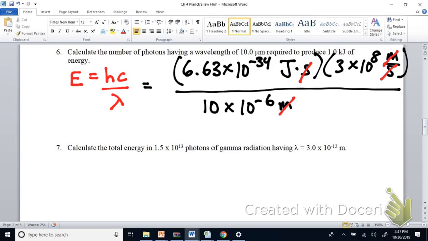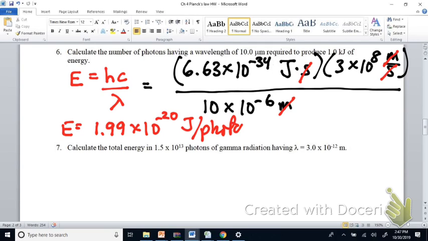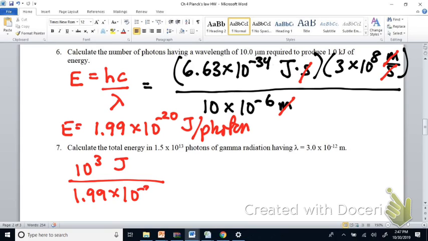I get an answer of E equals 1.99 times 10 to the minus 20 joules per photon. The total energy I have is 1 kilojoule. That's the same as 1,000 joules. I'm going to divide that by 1.99 times 10 to the minus 20 joules per photon.